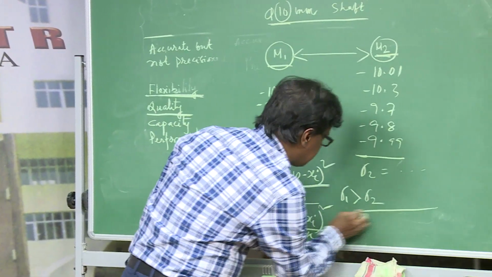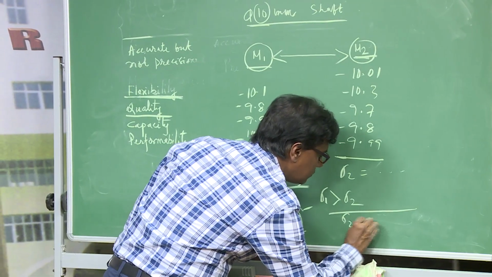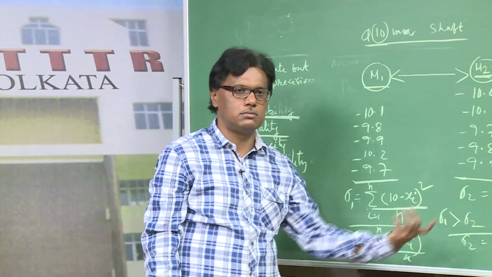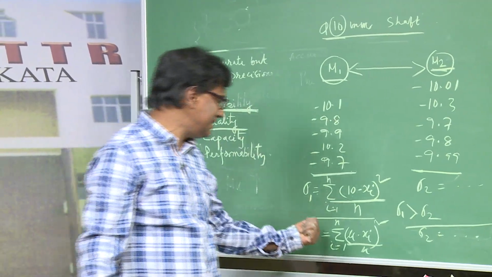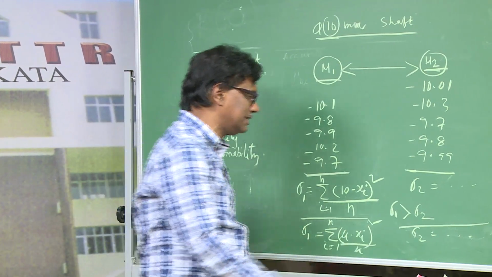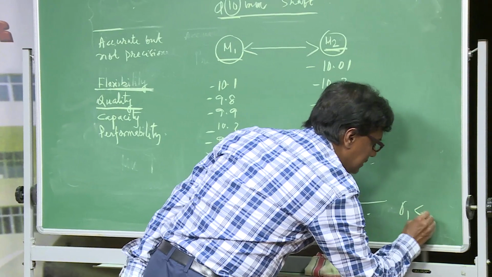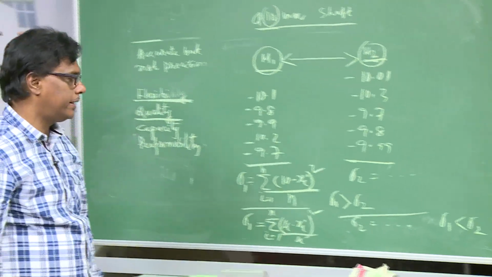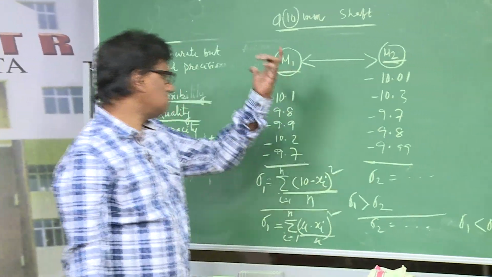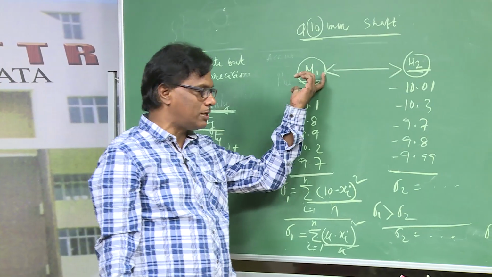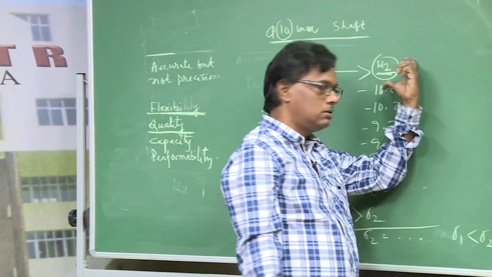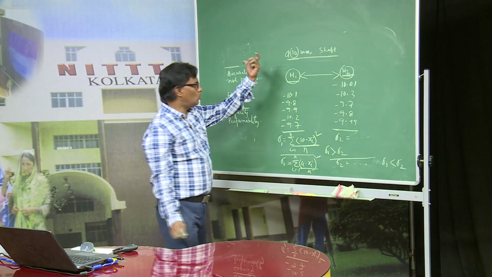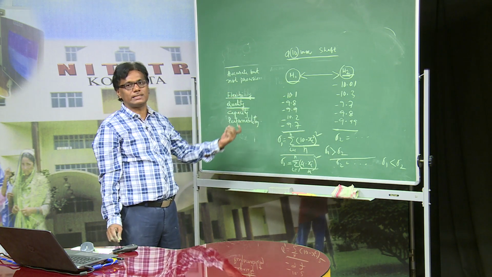Same thing here for this case, same formula. Just seeing this standard deviation, if sigma 1 is less than sigma 2, then I can say my M1 manufacturing system is more precise than my M2 manufacturing system. So, these are the quantitative measures of any manufacturing systems.